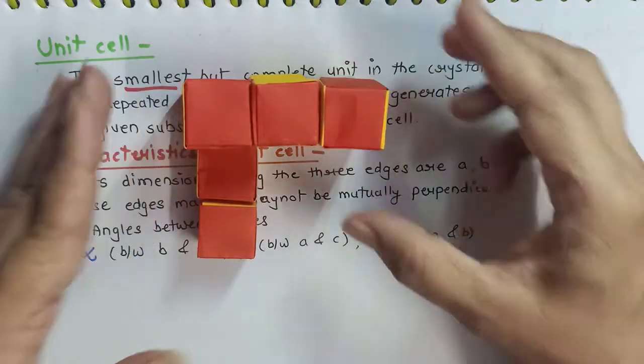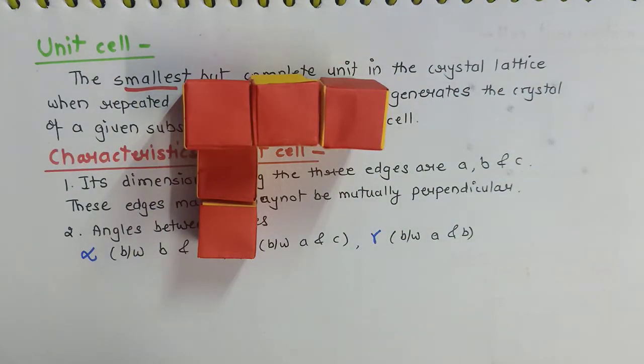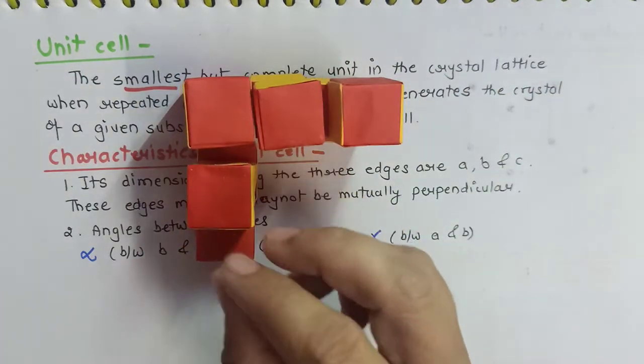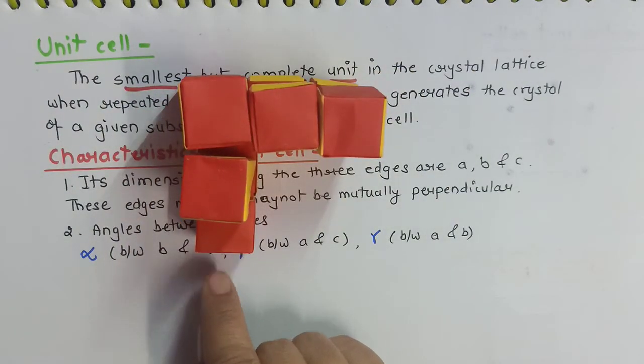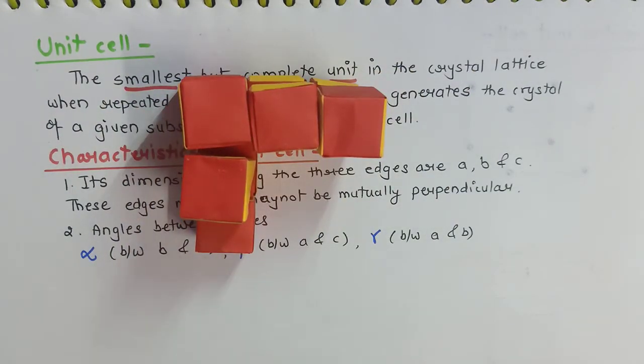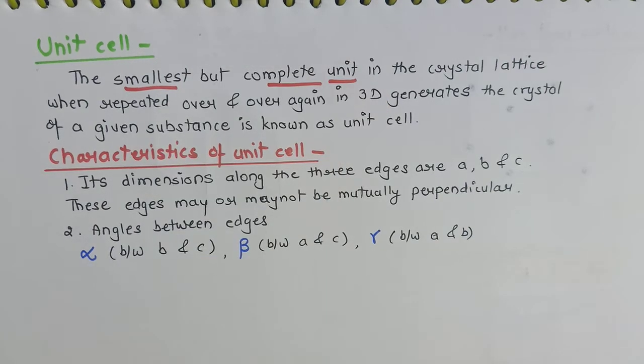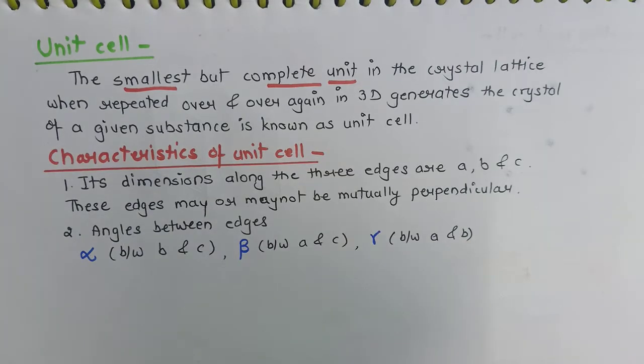So you can see slowly a crystal is developing. We can say the whole crystal is formed because of the repetitive arrangement of the unit cell, arranged in the x axis, y axis and z axis. So a 3D arrangement of unit cells results in complete formation of the crystal lattice.